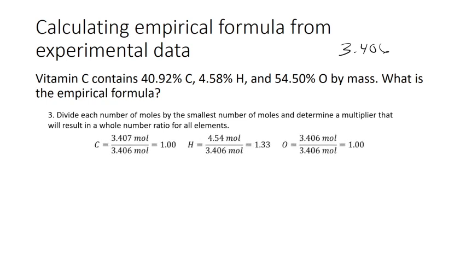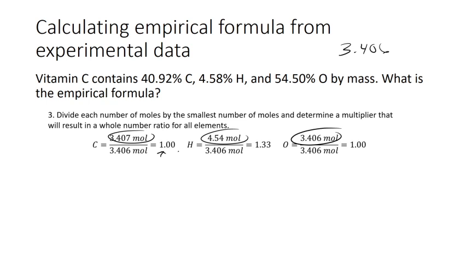So first step, divide each number of moles by the smallest number of moles. So we take each of the moles and we divide them by 3.406, and we're going to get some answer. In this case, we get 1, 1.33, and 1. Now we have to determine a multiplier that will result in a whole number ratio for all these elements.